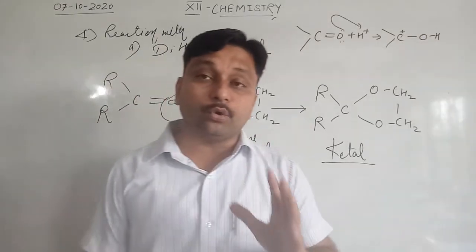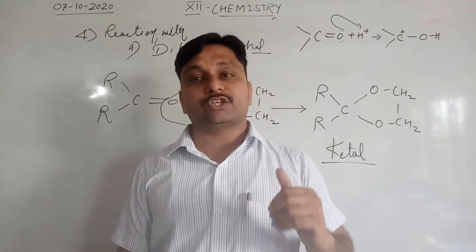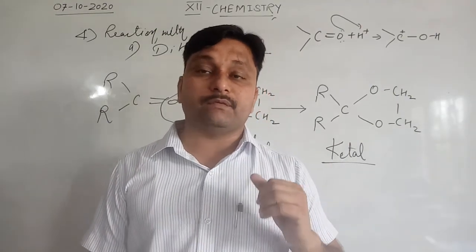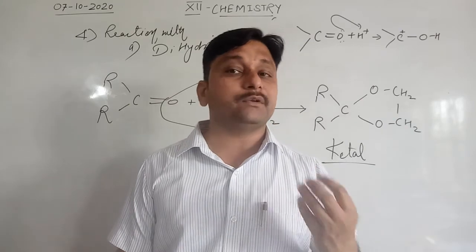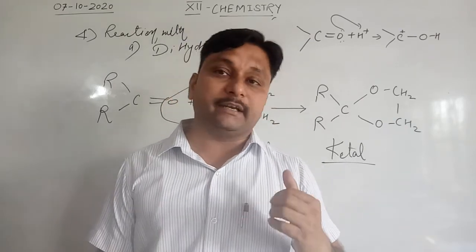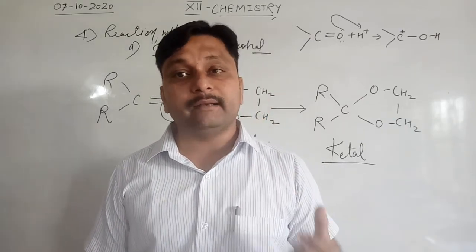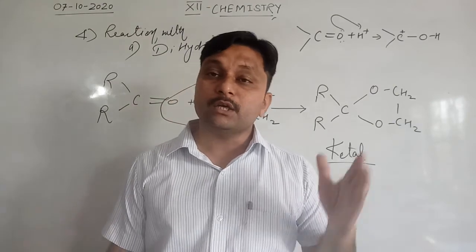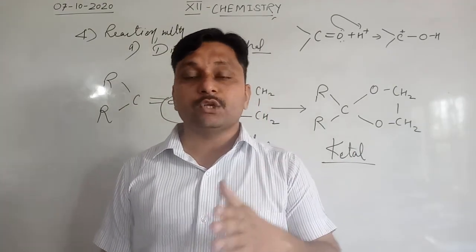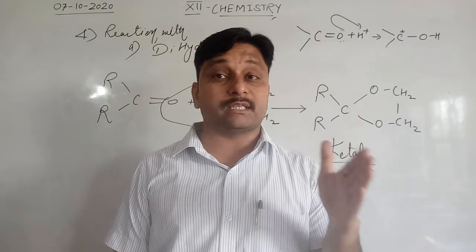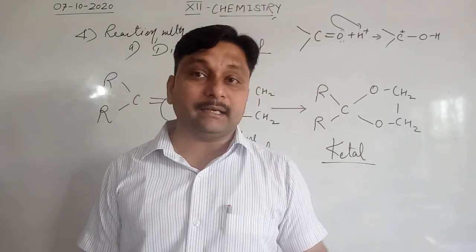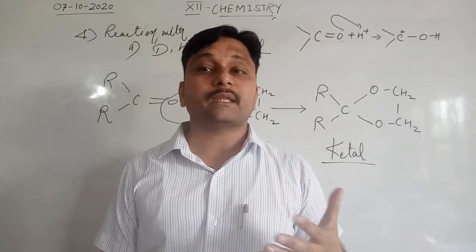Okay, so there are four different addition reactions: reaction with hydrogen cyanide, reaction with NaHSO3 sodium hydrogen sulfite, reaction with Grignard reagent, and reaction with monohydric and dihydric alcohols. HCN forms cyanohydrins, sodium hydrogen sulfite forms a crystalline compound that we use for isolation.